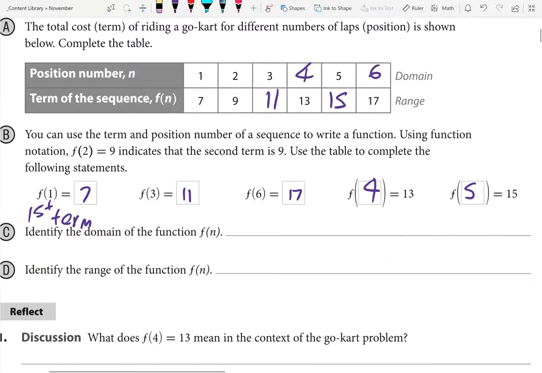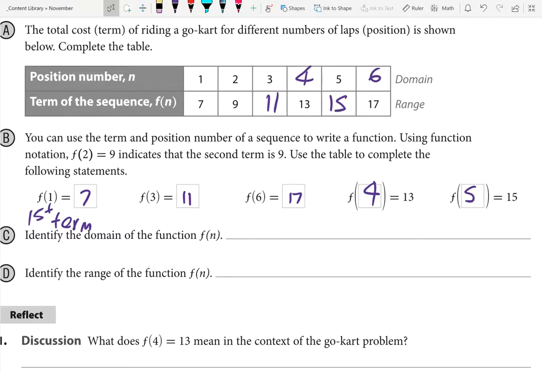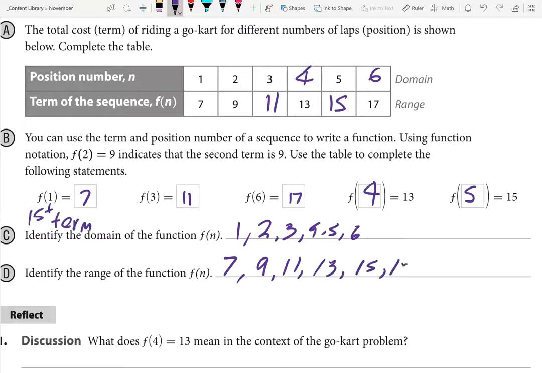So identify the domain. The domain, again, is our x values, or the position values in this case, which is just 1, 2, 3, 4, 5, 6. And then our range is the actual price for those laps: 1 lap, remember, $7, then 9, 11, 13, 15, 17.